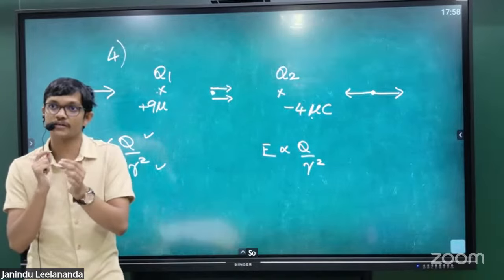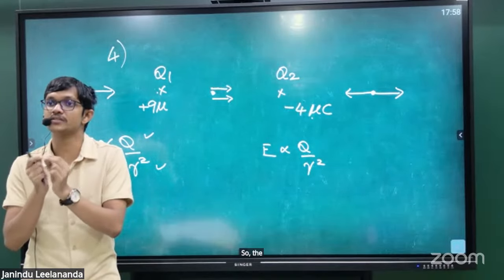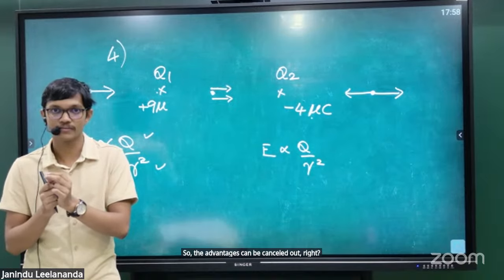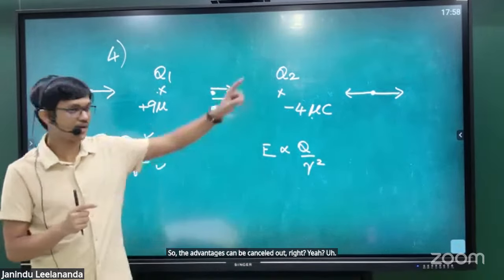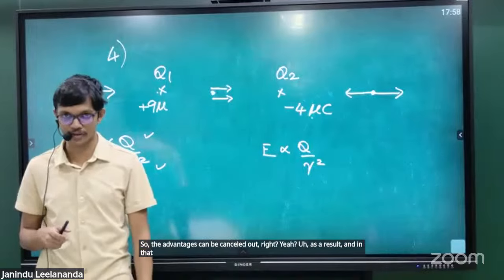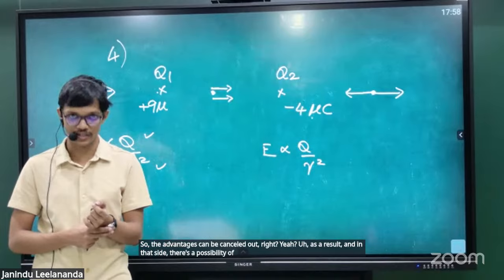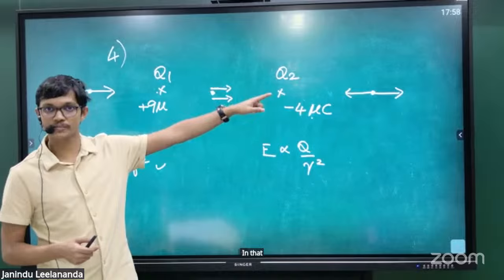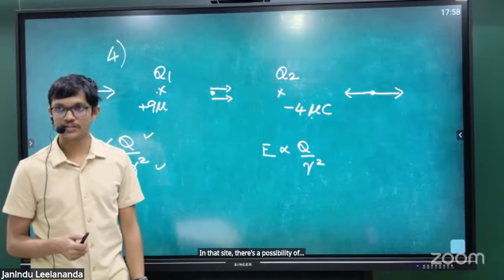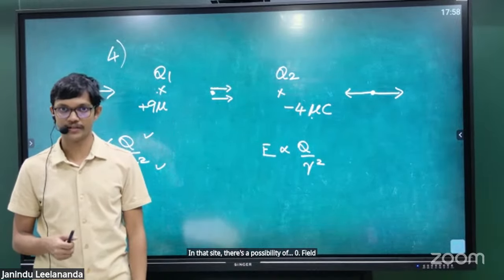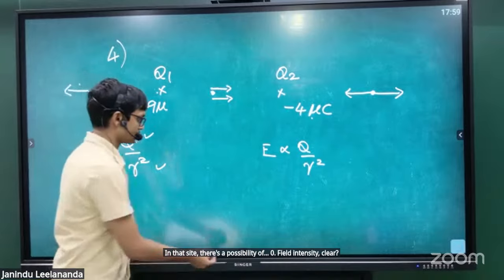So the advantages can be cancelled out, right? As a result, on that side, there's a possibility of 0 field intensity.